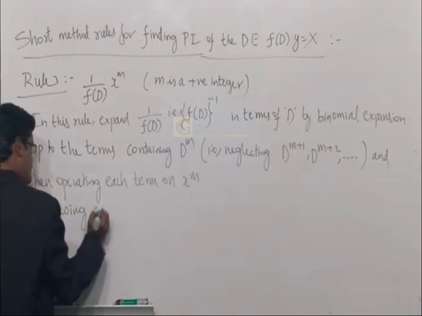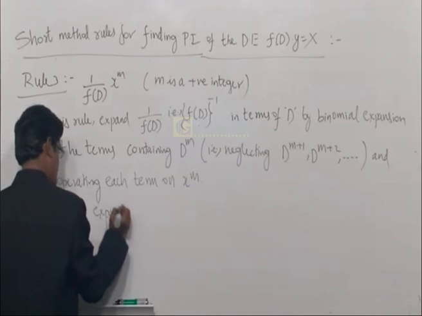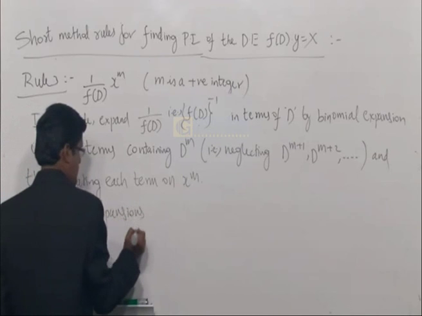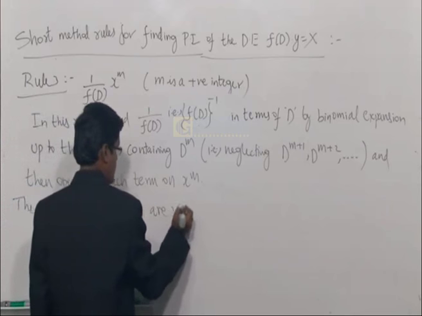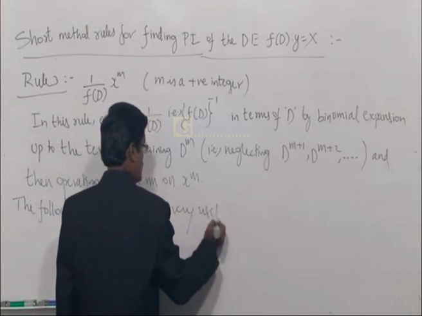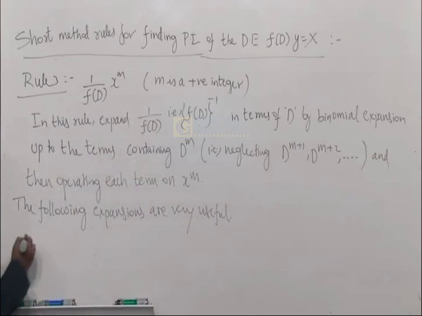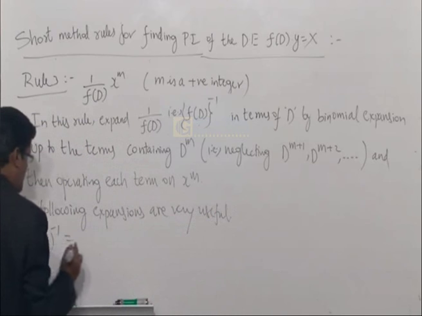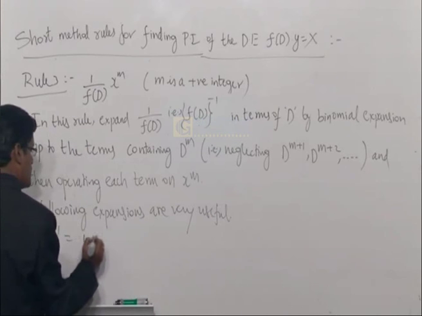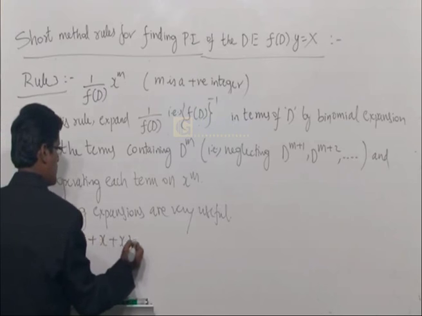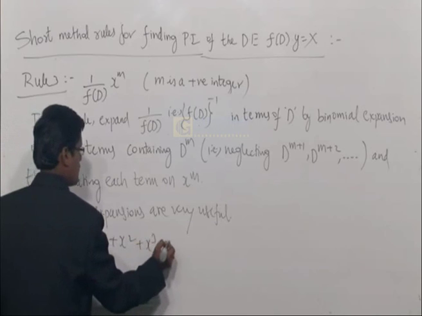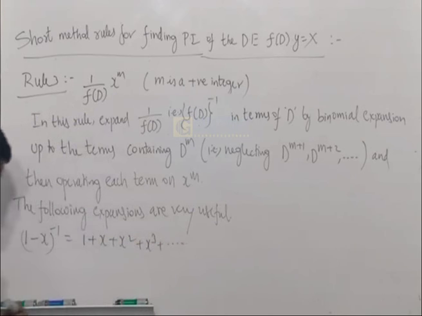The following expansions are very useful. 1 minus x whole power minus 1. These expansions I have given already in Taylor series, common max 1 paper. 1 plus x plus x square plus x cube plus so on.